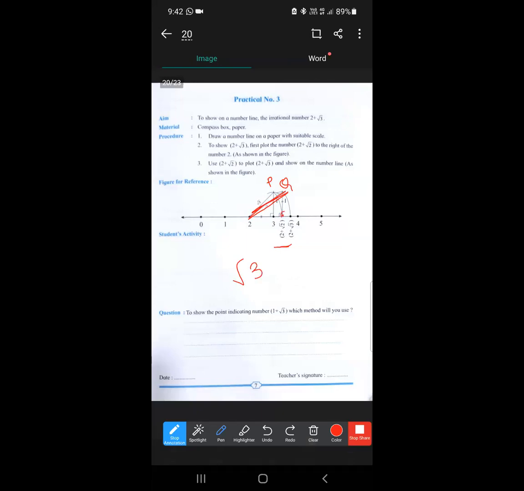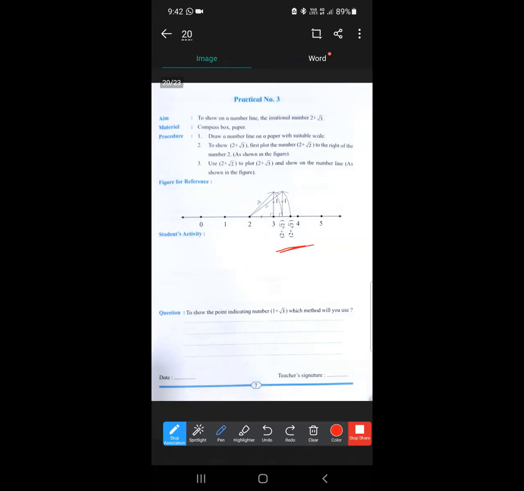So it is 2 plus root 3. Same by the Pythagoras theorem, you need to cut the arc from the point where it intersects. There itself you will draw the 90 degree and follow the same method. So this is how we get 2 plus root 3.